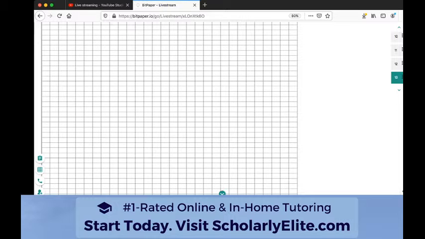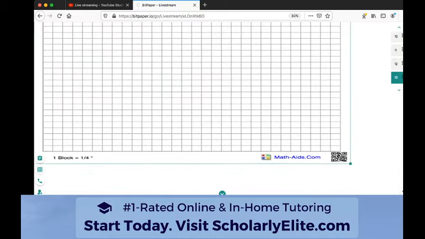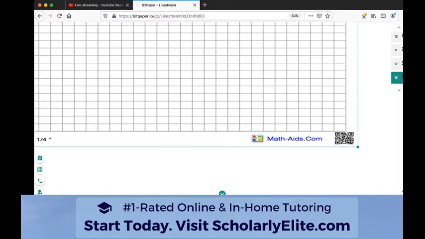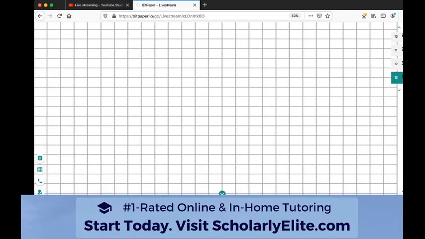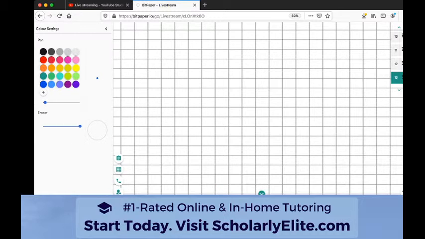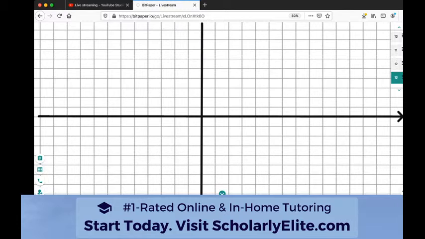And this graph paper is provided by math-aids.com. God bless them, they're a really great website. I don't know if they do high school stuff, but they must, because this was on there. Okay, back to square one. Let's put a graph on here. There we go. Great.